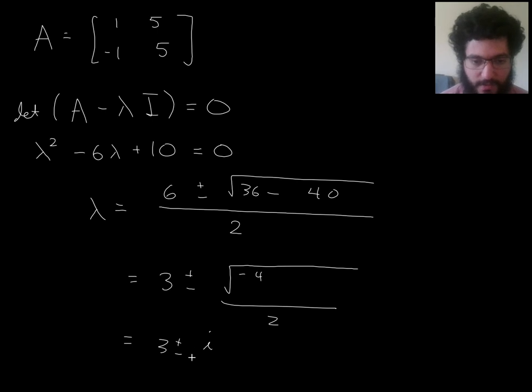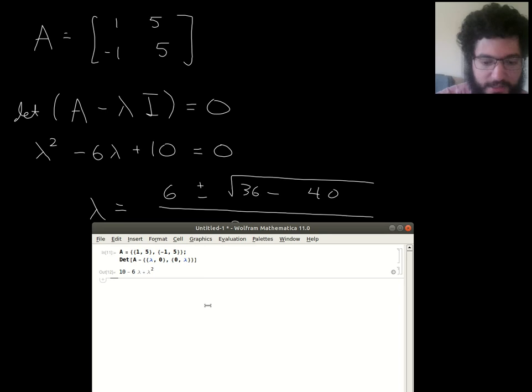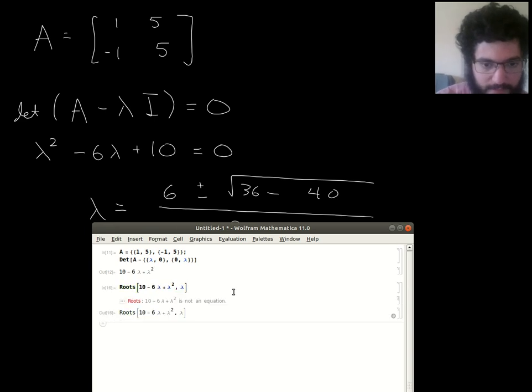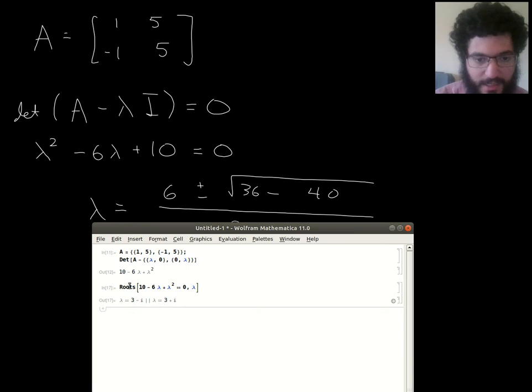So just i. So 3 plus or minus i, which is the same thing I would have gotten if I just said roots of this thing. Oh, I have to put it as an equation. Or maybe more familiar is just solve. So yeah, 3 plus or minus i.